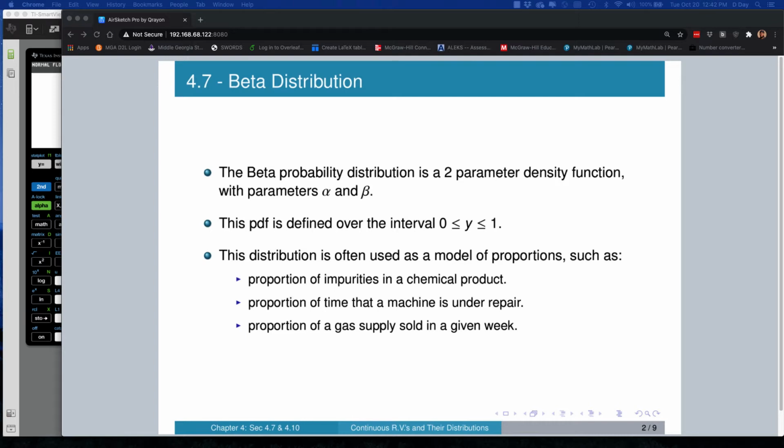There are some discrete random variable distributions that can also be used to model scenarios like this as well. As a matter of fact, one that we didn't cover is called the Bernoulli distribution.